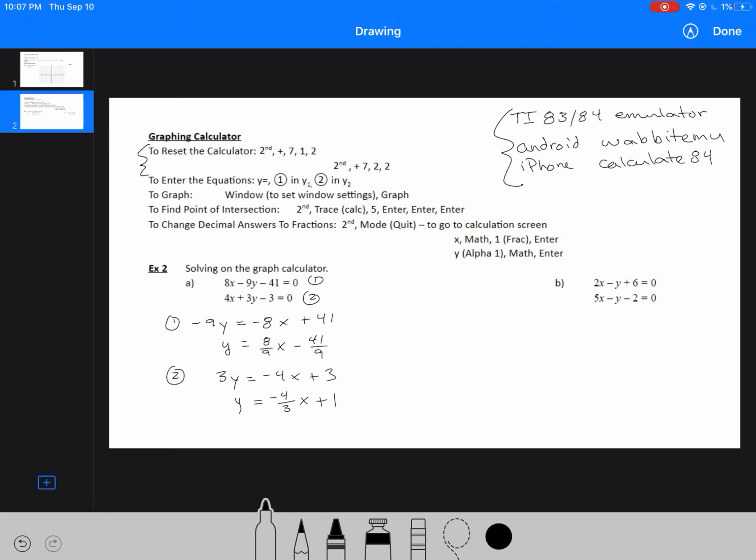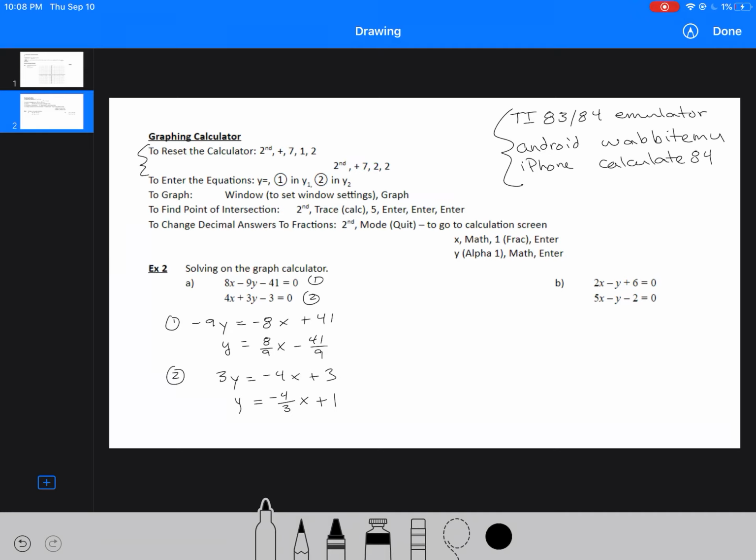And then we can now plot those in the graphing calculator. So my first one is 8 over 9x minus 41 over 9. And then my second equation is minus 4 over 3x plus 1. Then, once you've entered those two equations, you can press graph on the graphing calculator.